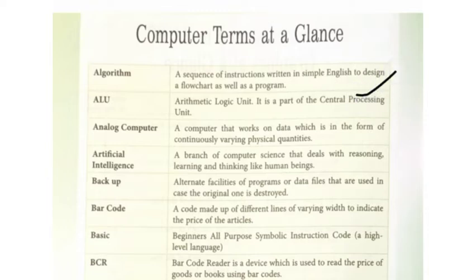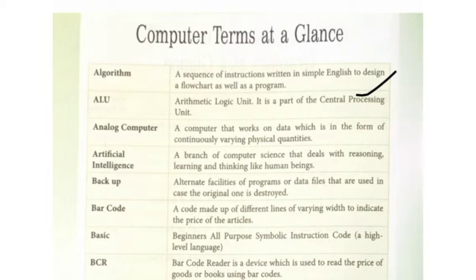Now next is ALU. ALU stands for Arithmetic Logic Unit. It is a part of Central Processing Unit. We have already discussed the CPU. CPU has three main parts, that is ALU, MU and CU.